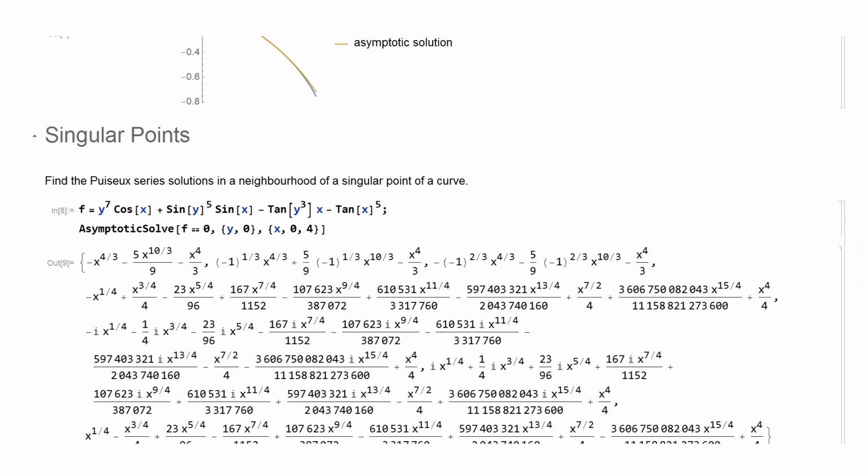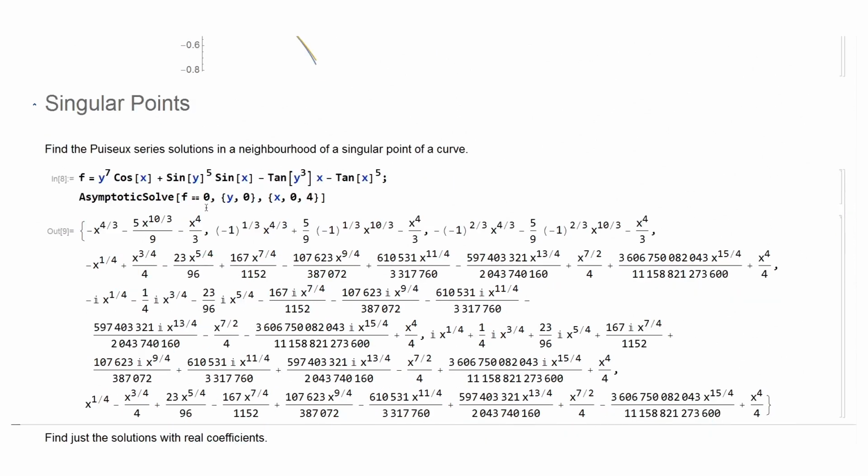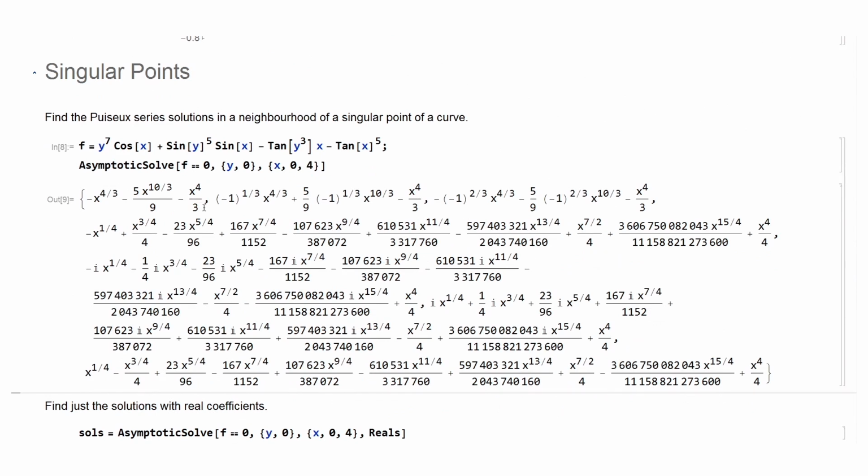So you can see, if we set x goes to 0, we get y to the 7th power, so it's a 7th degree solution, and it splits into two analytic solutions, one of degree 3.